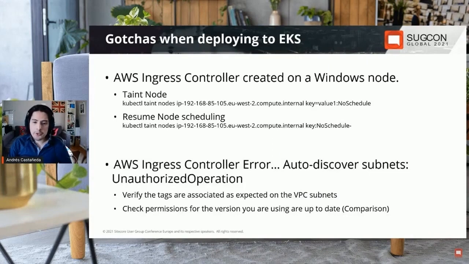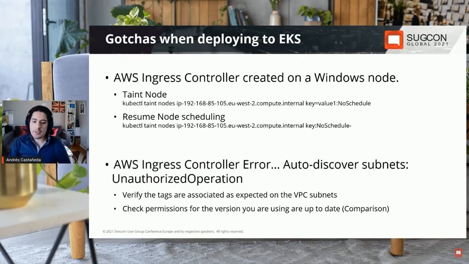Other issues you may find is that the AWS Ingress controller gets created on a Windows node. It has happened to me that Kubernetes schedules the AWS Ingress controller on Windows, and as I said, it has to be a Linux node for the Ingress controller.